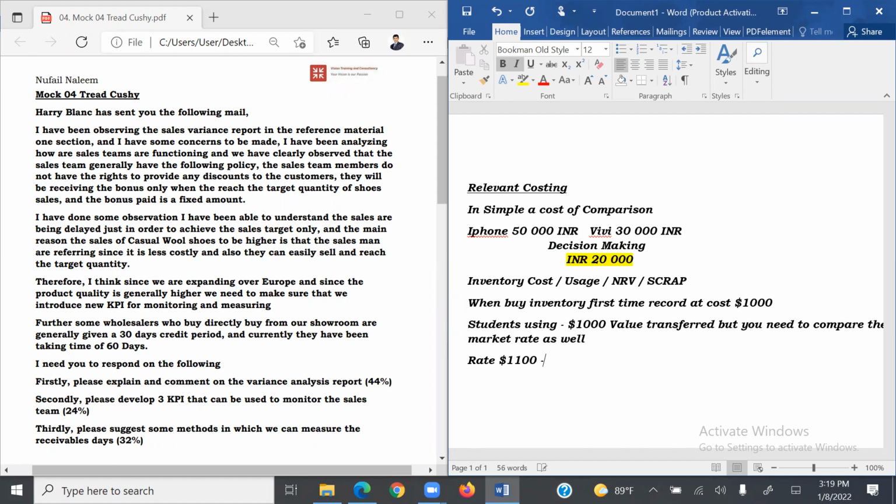So in this case, it's better to use the stocks you have. Agree, no, students? Because you will save 100. There may be a situation where the market rate is, let's assume, 800 rupees, and your stock is at 1,000 rupees. In that case, it is better to buy from the market, because 800 is a 200 savings, if I'm not mistaken.